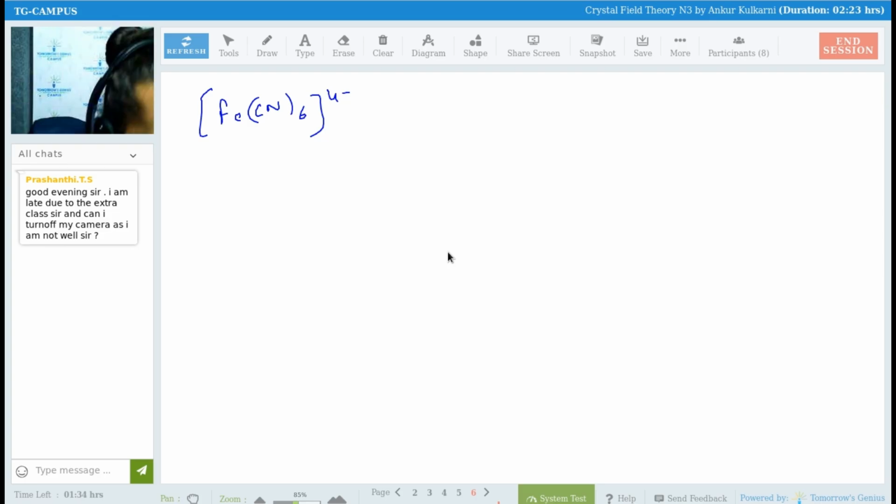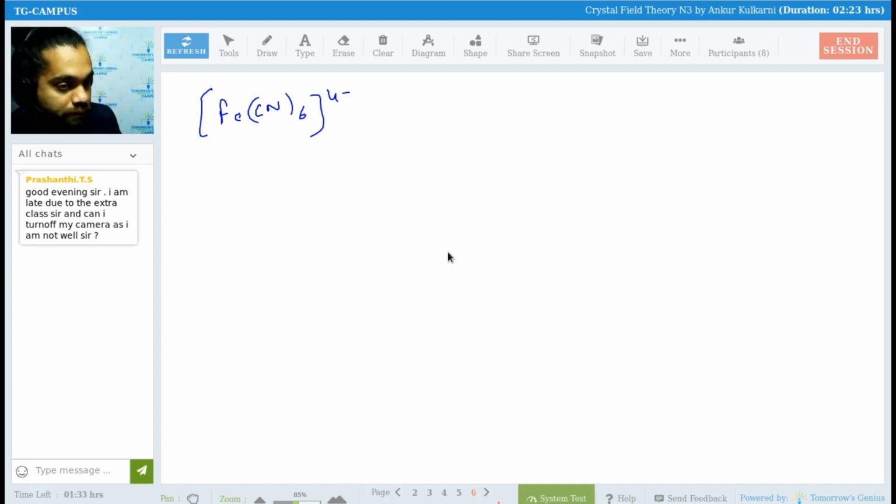Do this, then we'll do the NEET question, then we'll take a break. Kirtini, just do not calculate oxidation state. You have to calculate everything.